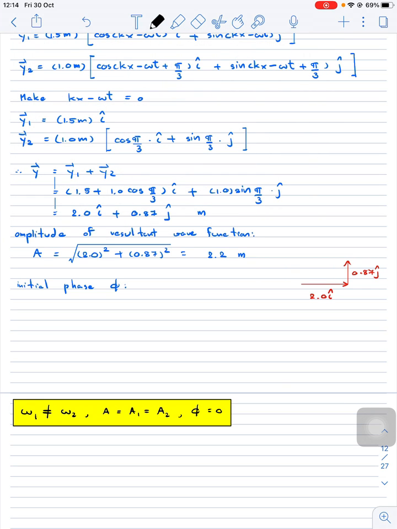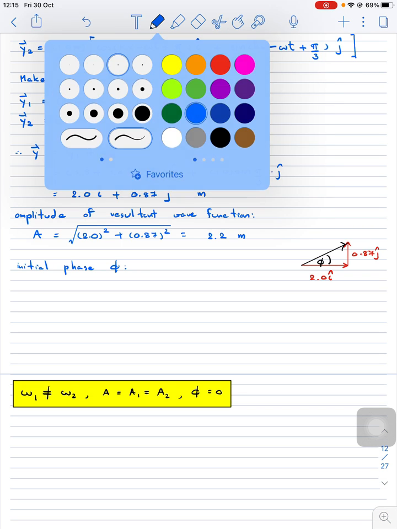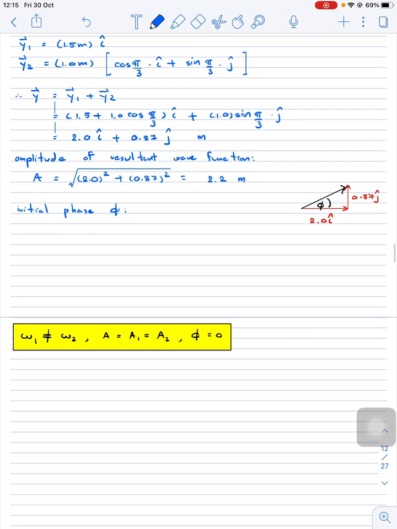It means that the resultant wave will point in this direction, so this angle must be equal to phi. Then phi here is equal to the arctan of 0.87 over 2.0, which is equal to 24 degrees.